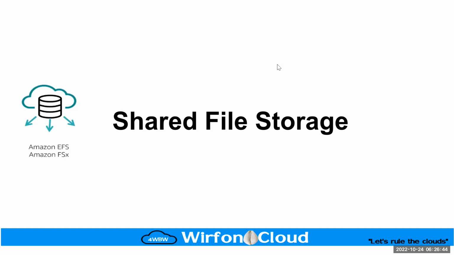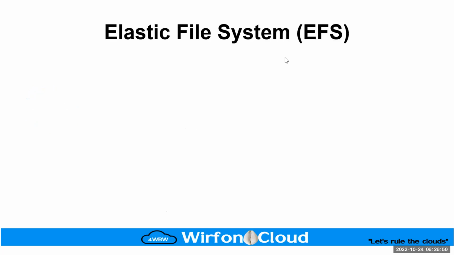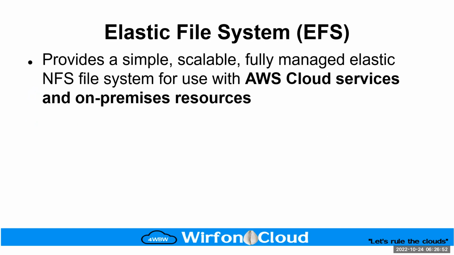Okay, now shared file storage. Here we have EFS, Elastic File System. This provides a simple, scalable, and fully managed elastic NFS file system for use with AWS cloud services and on-premises resources.